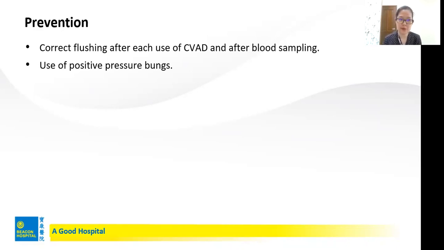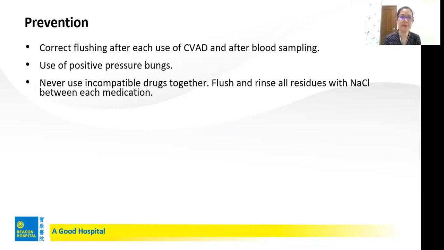You can use a positive pressure bung. Never use incompatible drugs together into the same line. If you have a double lumen, please use different lumens for these two incompatible drugs.